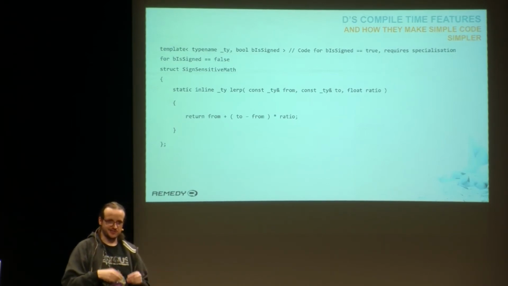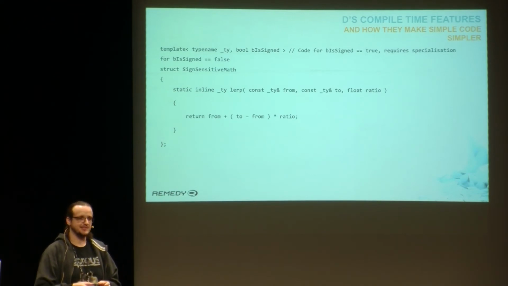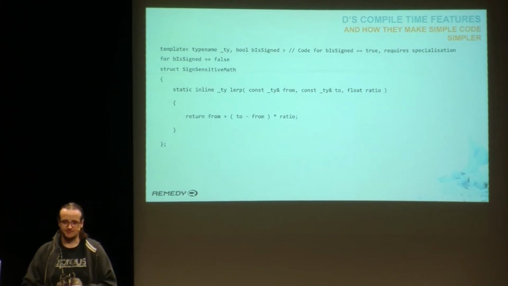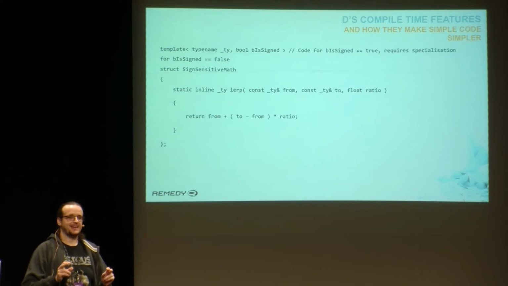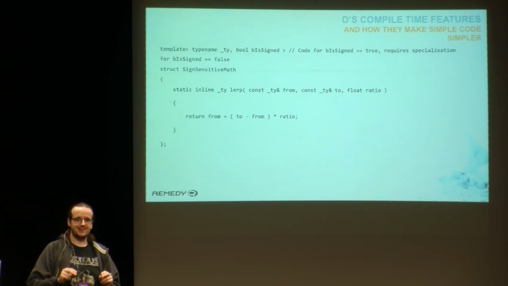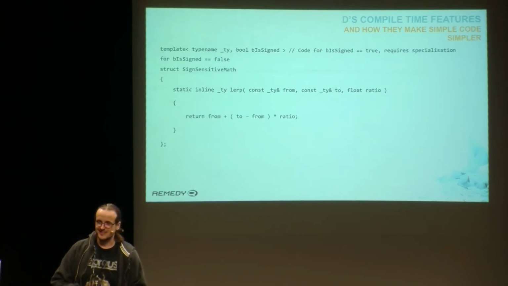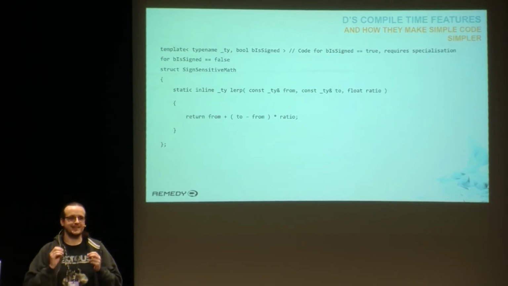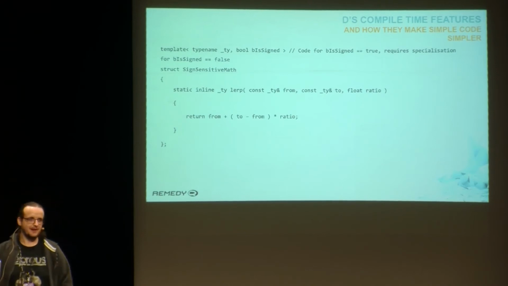The original function, lerp, would have a wrapper into B is signed with the types you were using and a call to standard is signed for the value result from that. And that seemed all well and good. The only problem is that it means you need to specialize standard is signed for each and every single type that you're ever going to put into this function to give you the correct results, which basically makes it an unmaintainable, buggy mess. So at that point, I admitted defeat.